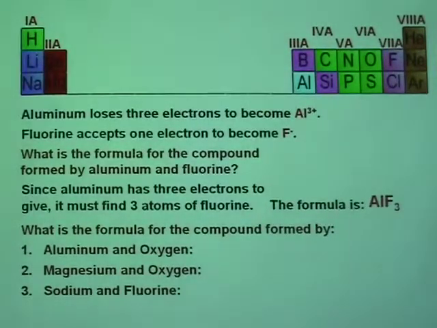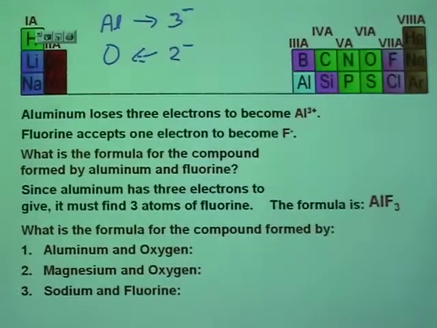Okay, so let's write it down. We say aluminum has 3 electrons to give, and oxygen will take in 2 electrons.